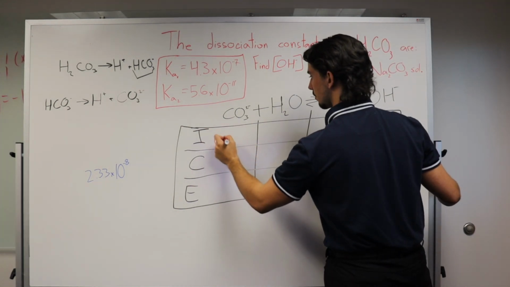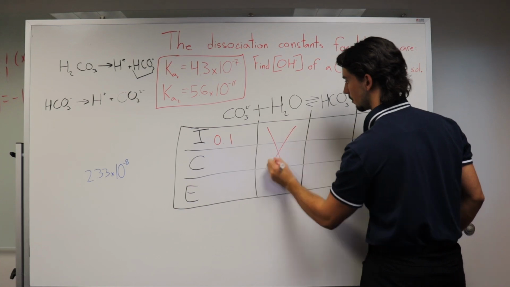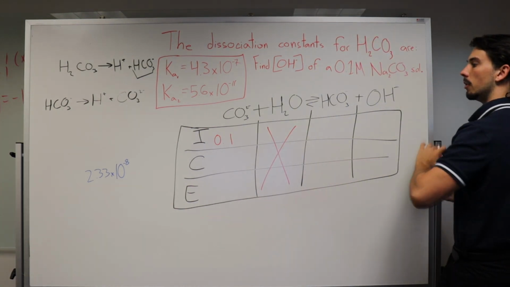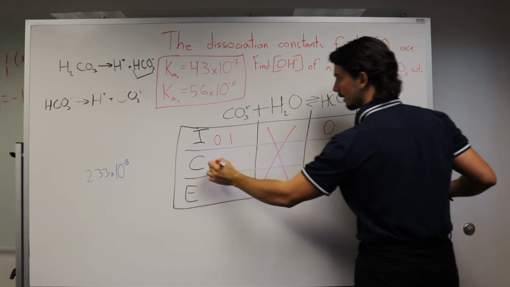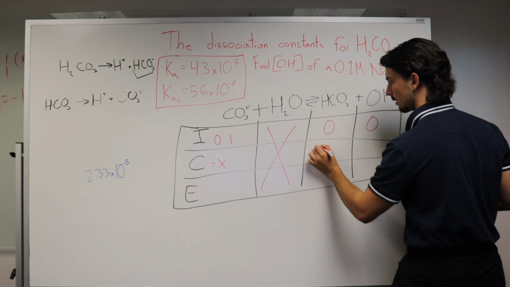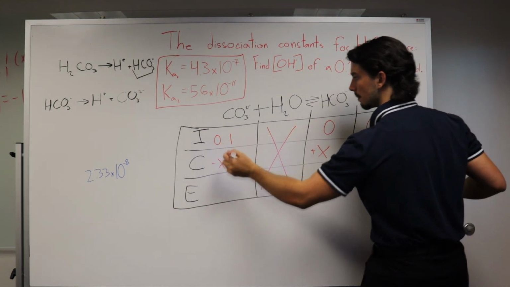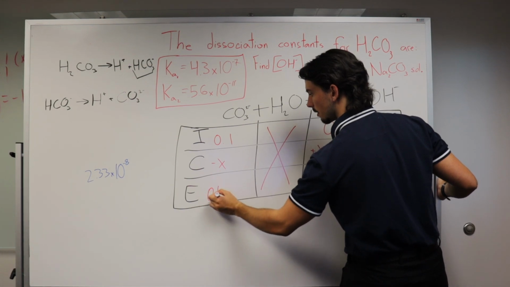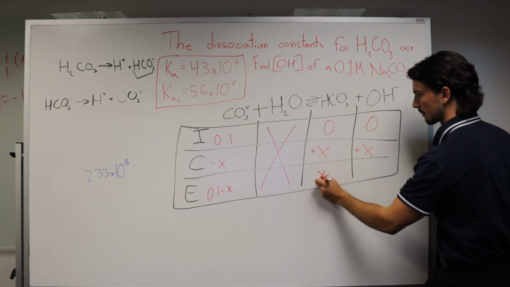So we'll write 0.1, water, liquid, doesn't matter. Cross that out. We don't care about that. We don't have any products yet, so we'll write 0, 0. This will decrease by x, so then these will increase by x.